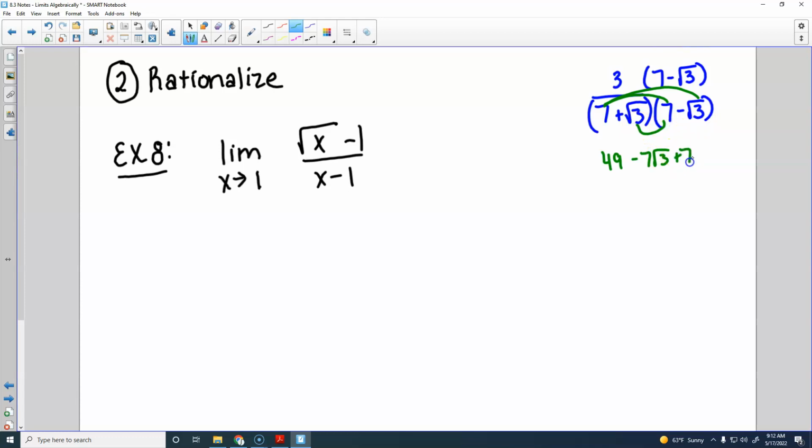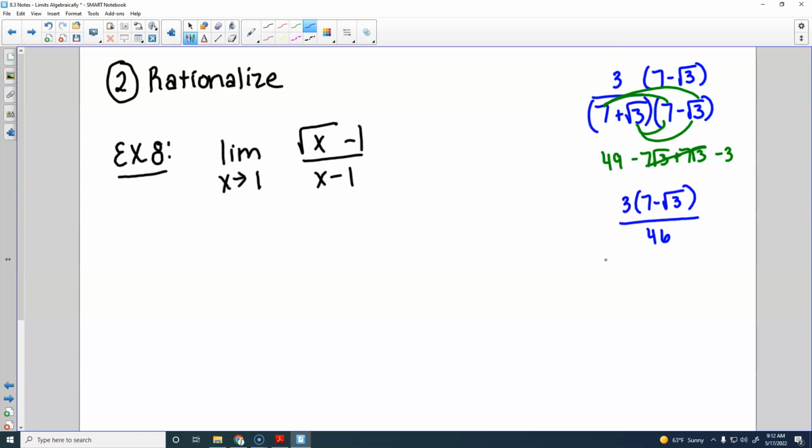Here we got a positive 7 root 3, so those cancel. And then we got minus 3 there on the end. So we got a whole number there. Whenever we did that, we would have 3 times 7 minus root 3 over 49 minus 3, so 46. So that was our rationalizing, right?